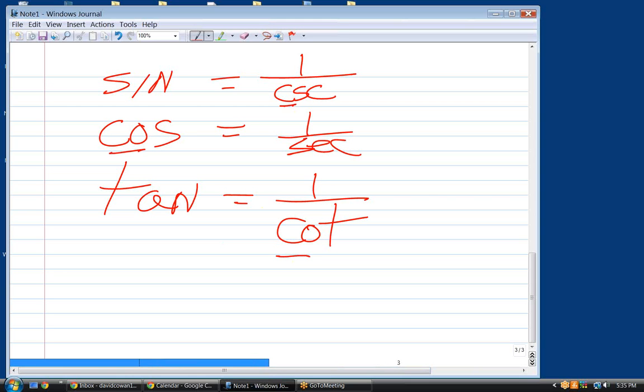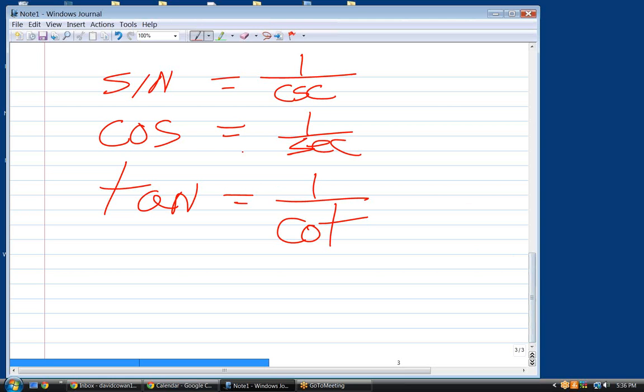Once you get that little trick, now you're set. You're never going to miss a reciprocal relationship. And these are definitely 6 of the most important things you're going to have to memorize in trig. You're going to get to verifying trig identities, and it's all about knowing these really well.